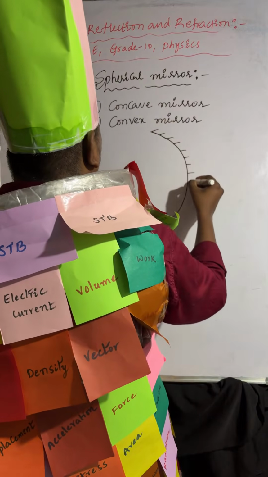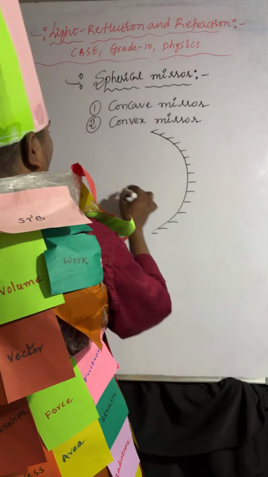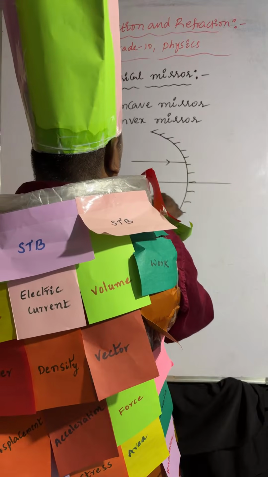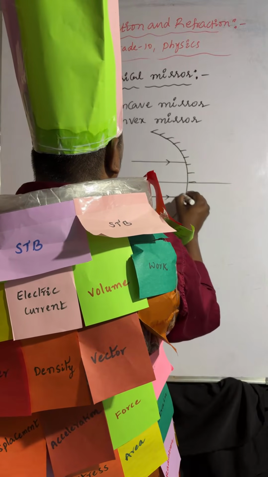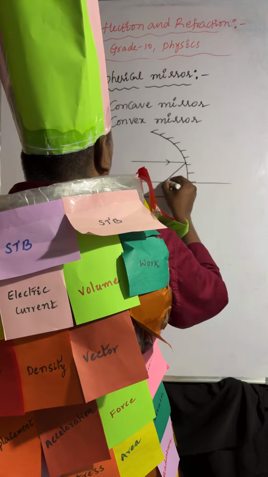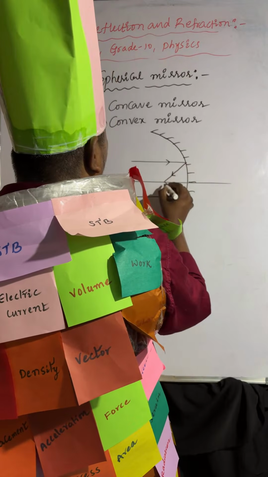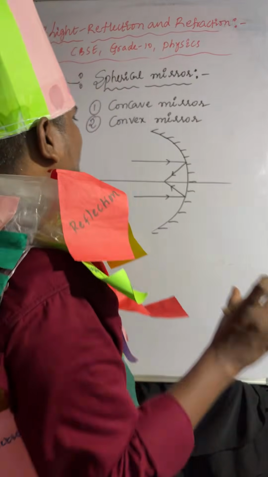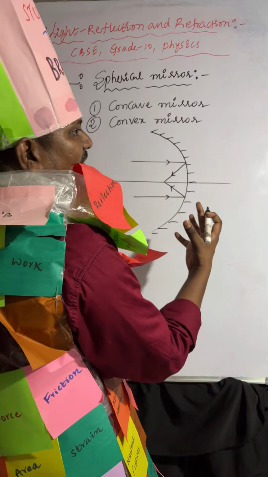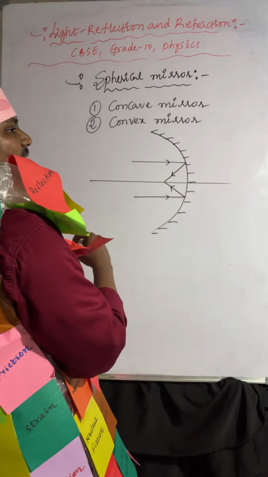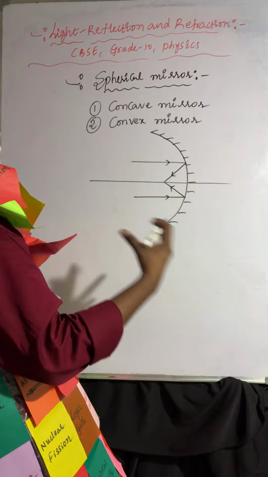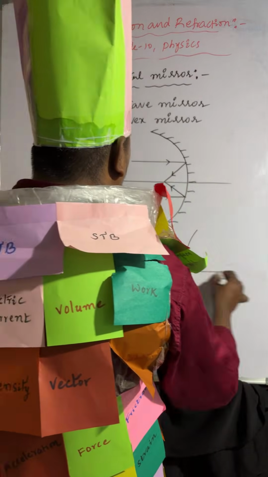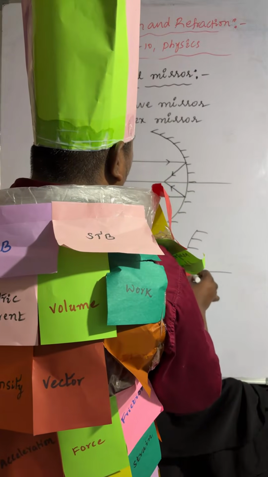Why do we call the concave mirror a converging mirror? Whenever light rays are incident on it, after reflection those light rays meet at one point on the principal axis, coming closer to the principal axis. That's why the concave mirror is also known as a converging mirror.